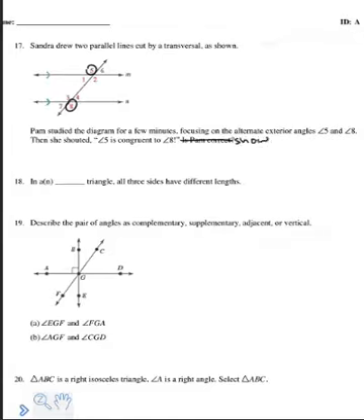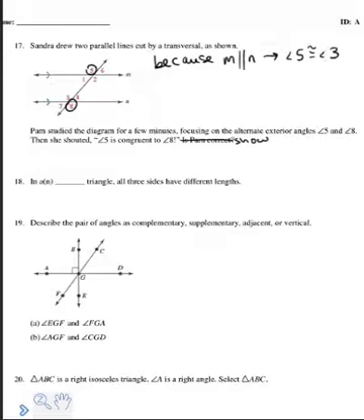Well, the reverse of the corresponding angles theorem: if two lines are parallel, then corresponding angles are congruent. So we could say, because M is parallel to N, angle 5 is congruent to angle 3.